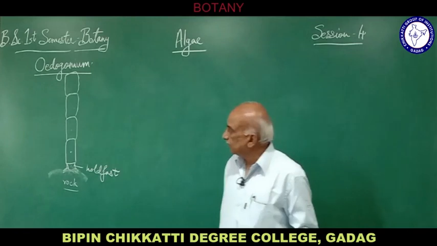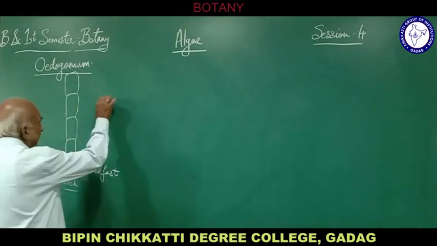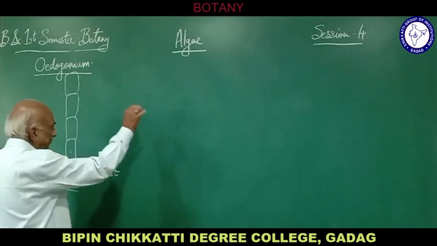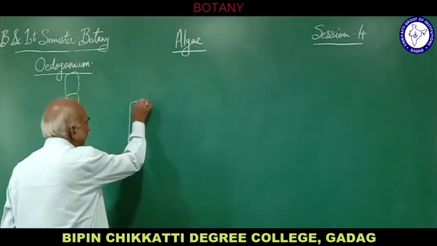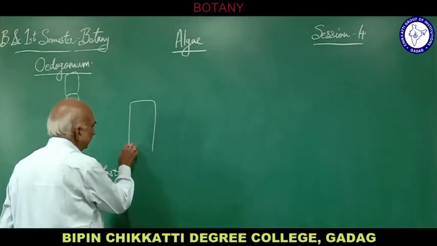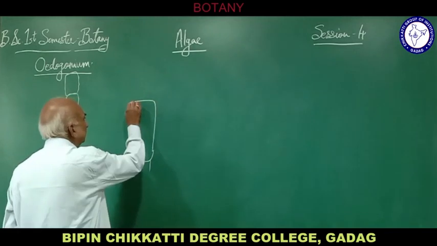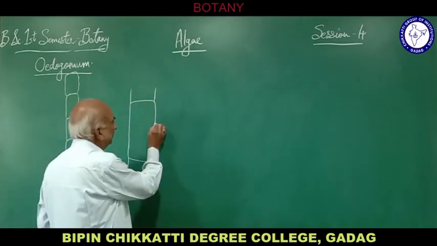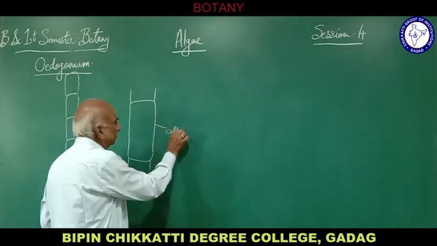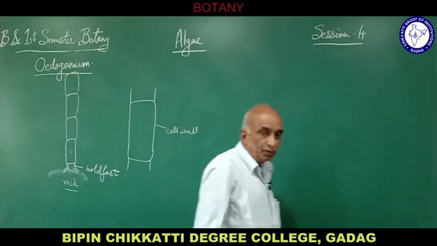Now if you come to the structure of a single cell, suppose this is a cell, an elongated cell like this, and the cell wall is made up of cellulose and pectin.